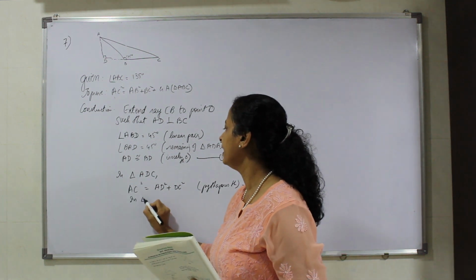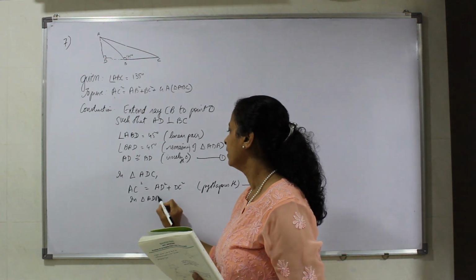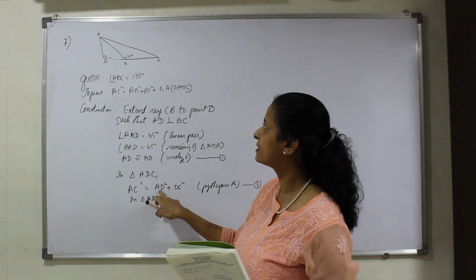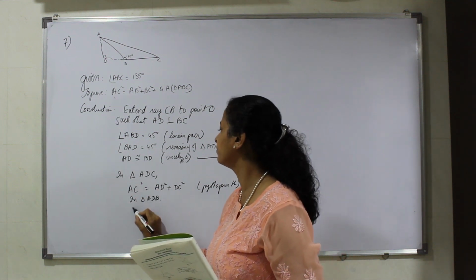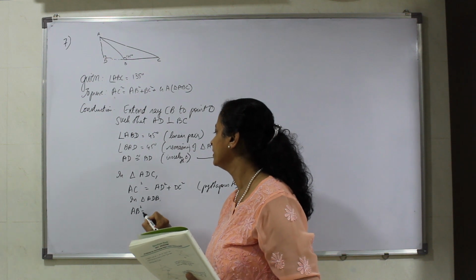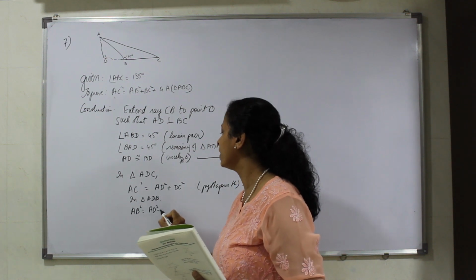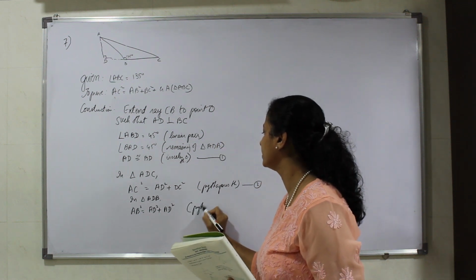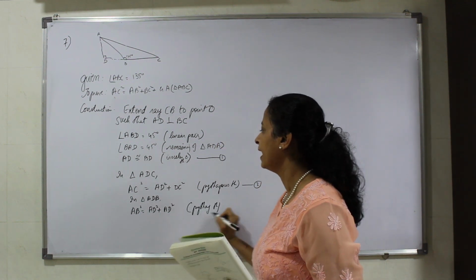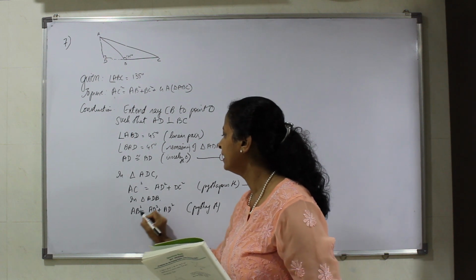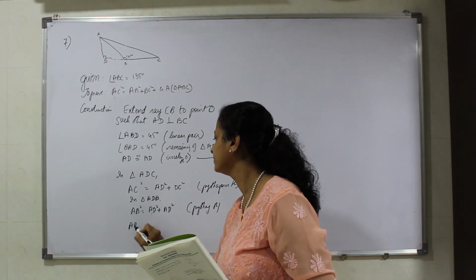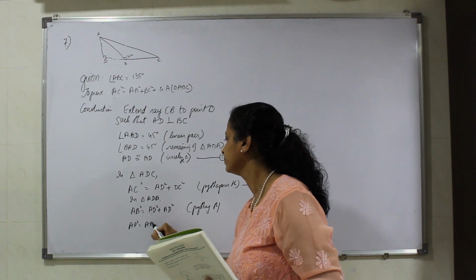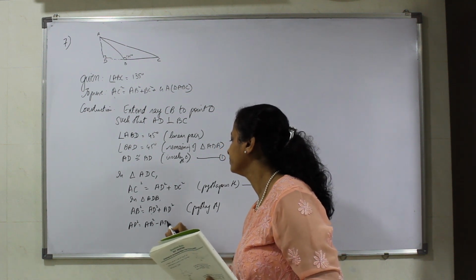So I go to the triangle ADB, after leaving this as equation number 2, knowing that you need to replace the AD square. And so by Pythagoras theorem we have AB square is equal to AD square plus BD square, the reason being Pythagoras theorem. And therefore, what is my AD square? It is AB square minus BD square.